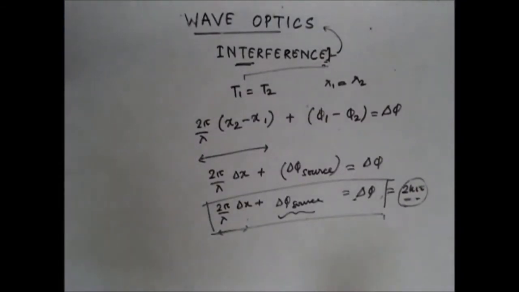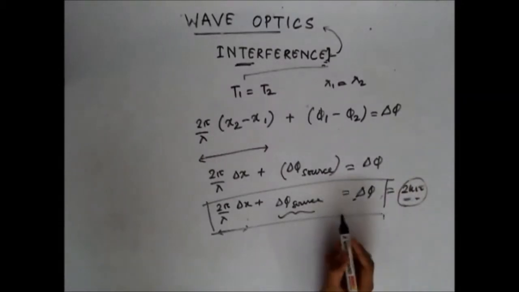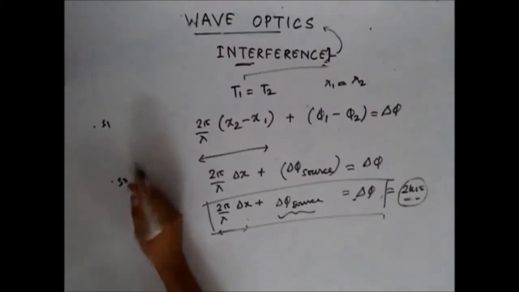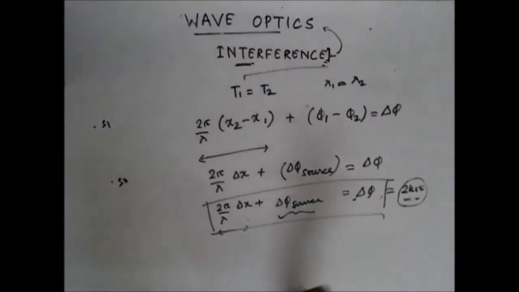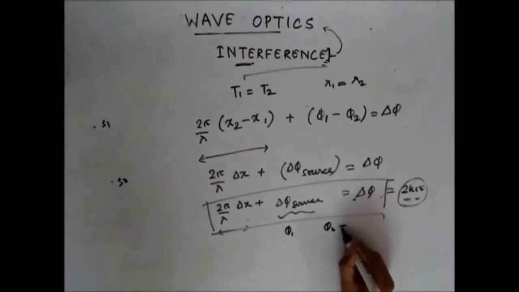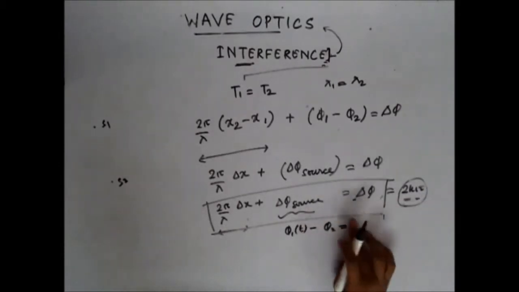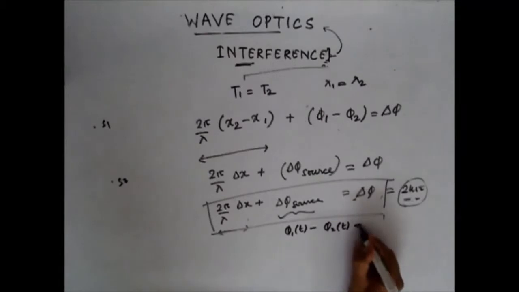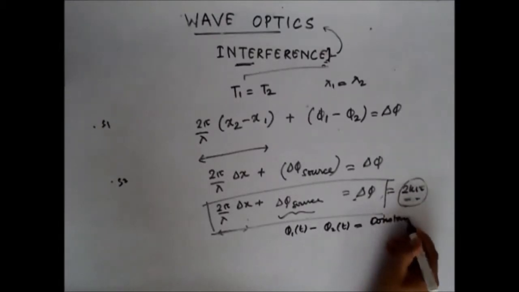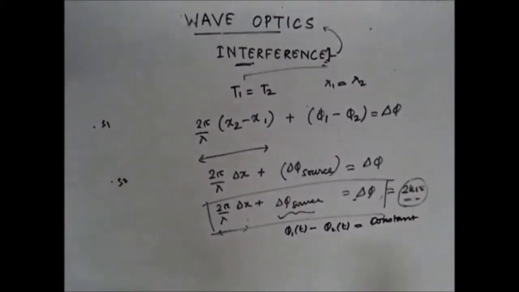So when we say that the two sources, S1 and S2, should be coherent, what we mean is that the phase of the two sources, phi 1 and phi 2, should maintain a constant relationship with respect to time. Though both of these may change with time, the difference of these two should be a constant. That is what we mean when we say that the two sources should be coherent.